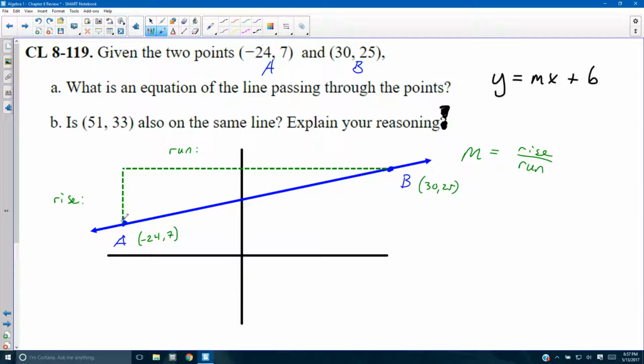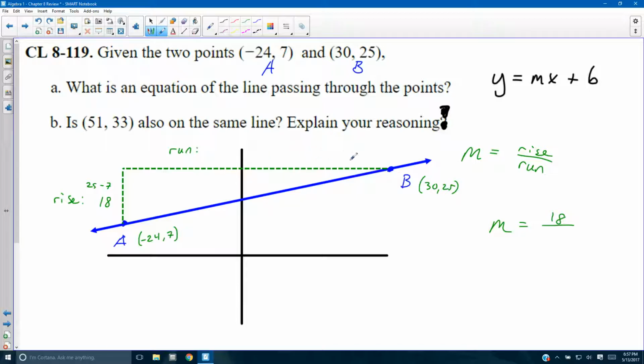I'd like to know how much I'm rising from the point 7 to the point 25. In order to do that, I'm going to have to do 25 minus 7. That number is 18. We have risen 18 units. How much have we run to the right? We start from negative 24, so we go 24 over here.